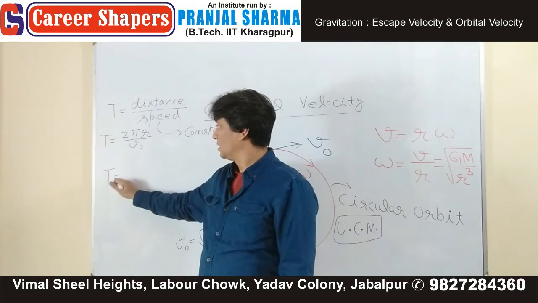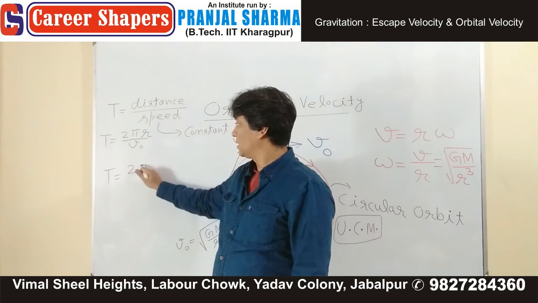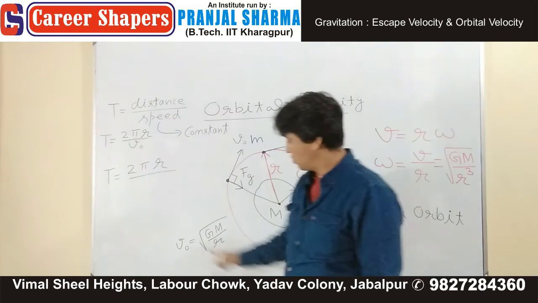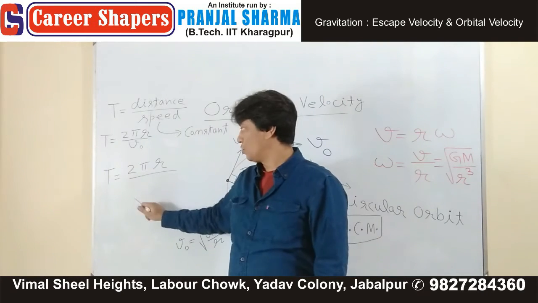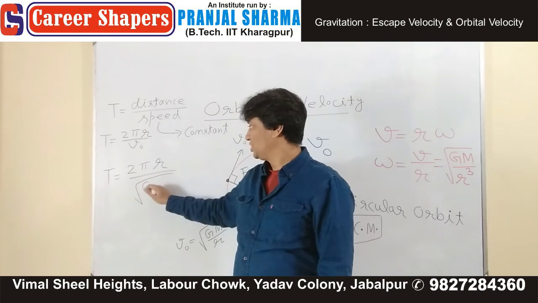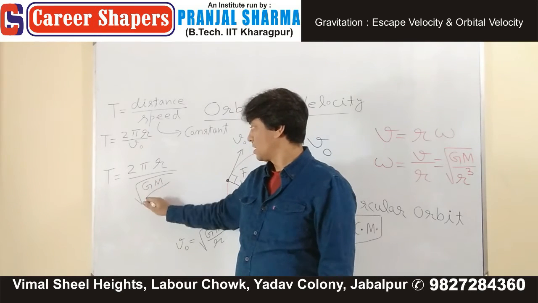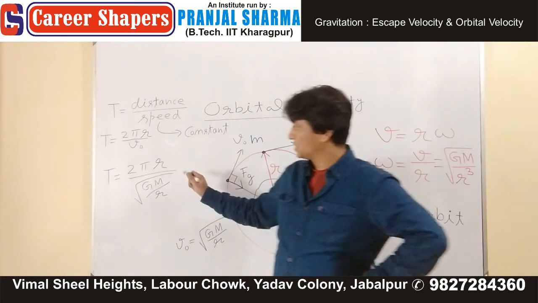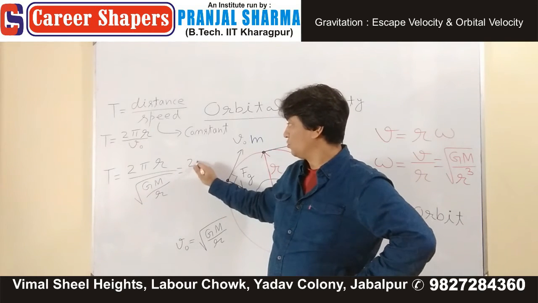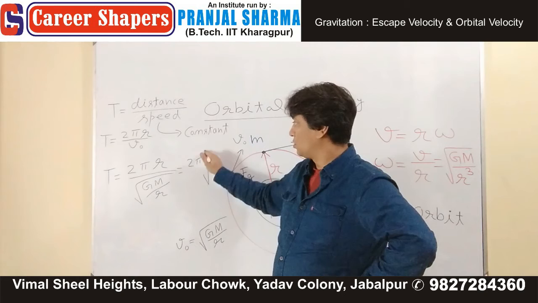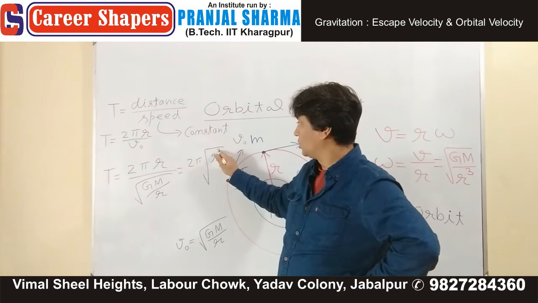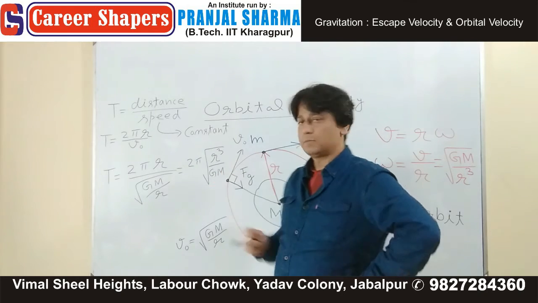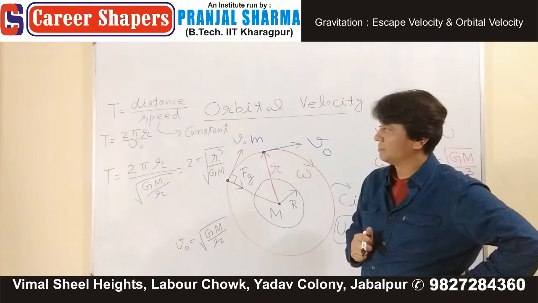T is 2 pi r divided by V0, which is root over GM by r. And what is this? This is 2 pi root over r cube divided by GM.